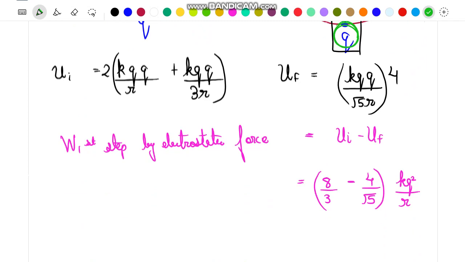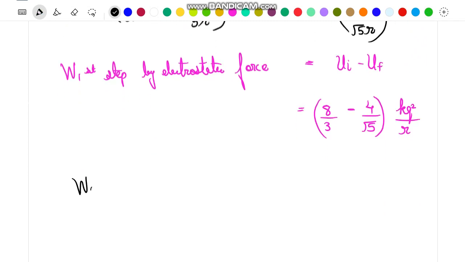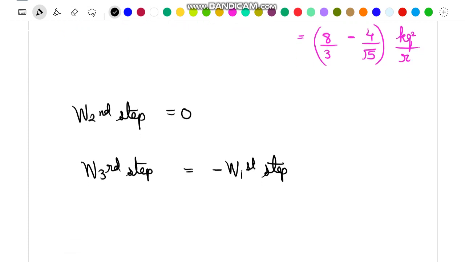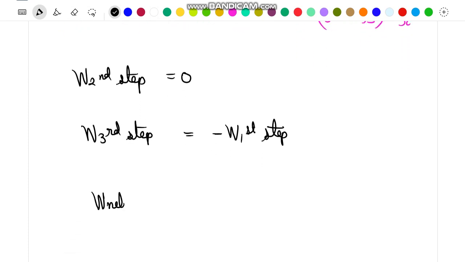So we can say that work done in second step is equal to 0. Further, the third step is indirectly just the opposite of first step. So we can say that the work done in third step will be equal to negative of the work done in first step. So net work done after all three steps will be equal to 0.